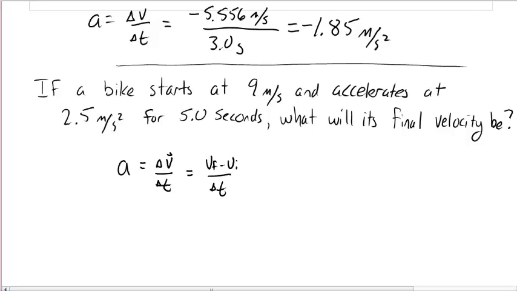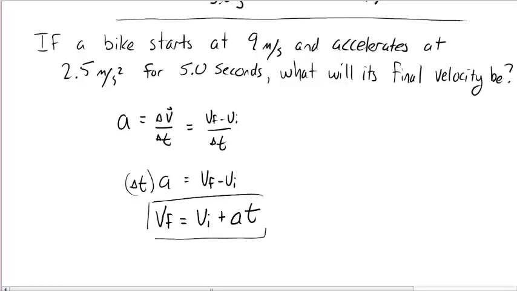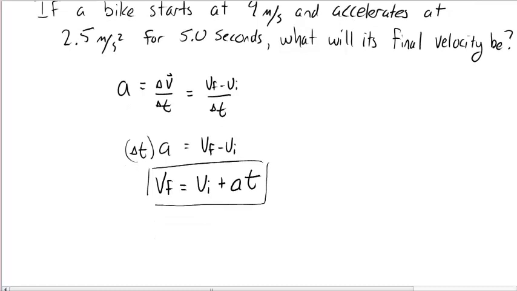So, to find final velocity, I need to do some algebra and rearrange this. So I'm going to multiply both sides by change in time, and then I'm going to flip things around and solve for vf, which happens to be a pretty common formula that you see on your formula sheet.